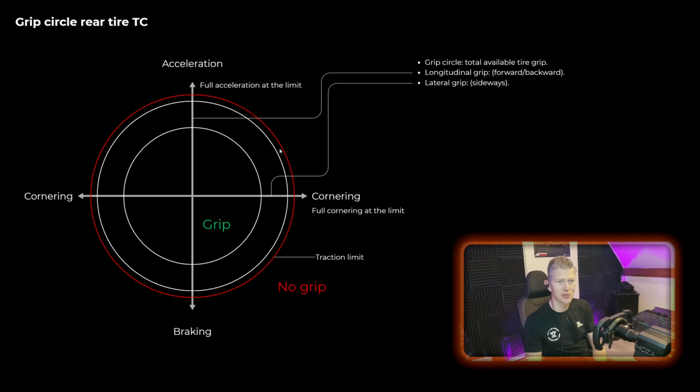That's what the TC is for. So it's on the throttle behavior all the time. This is what you really need to understand, this grip circle, because if you don't understand this, you will not understand the TC setting. Again, I want to point out, if you're cornering and you hit the throttle all of a sudden, then boom, you go out of the grip circle.